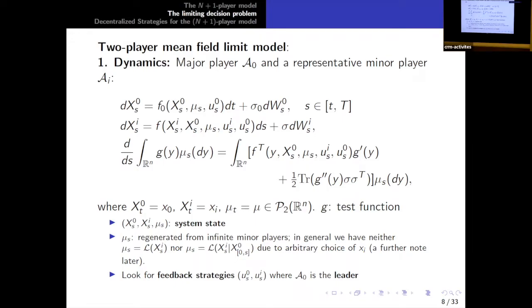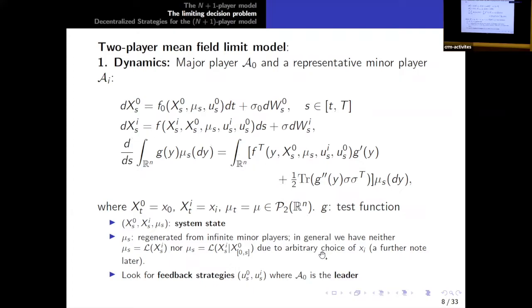Here we have a little bit of discussion about the mean field. For our formulation, we do not directly take this mu s as the conditional law of the minor player here.